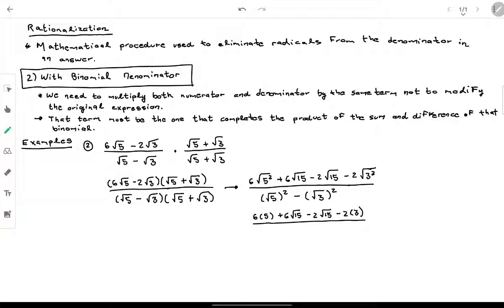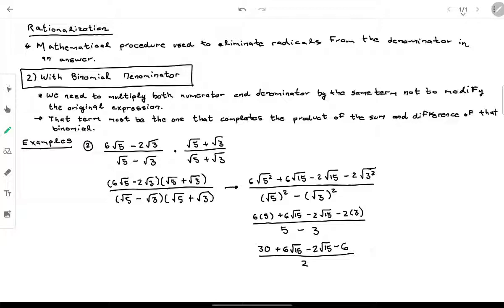All of it divided by the square root of 5 squared, which is going to be only 5. The square root of 3 squared is going to be only 3. So it's going to be 30 plus 6 the square root of 15 minus 2 the square root of 15 minus 6. All of it divided by 5 minus 3, that is 2.